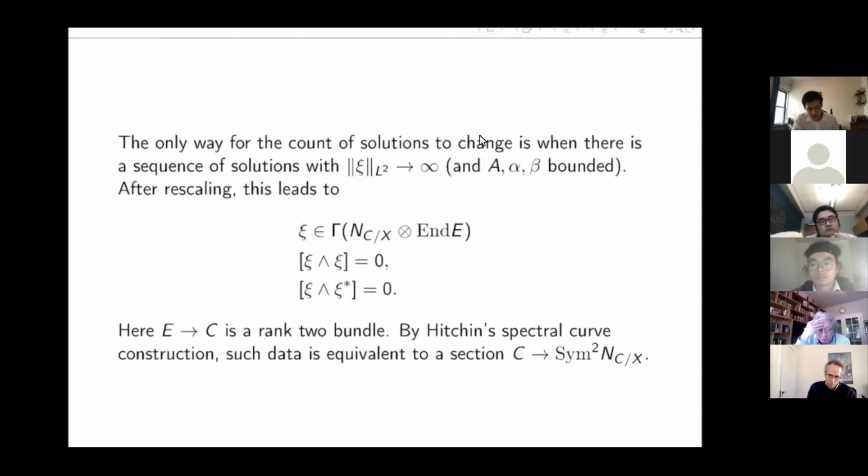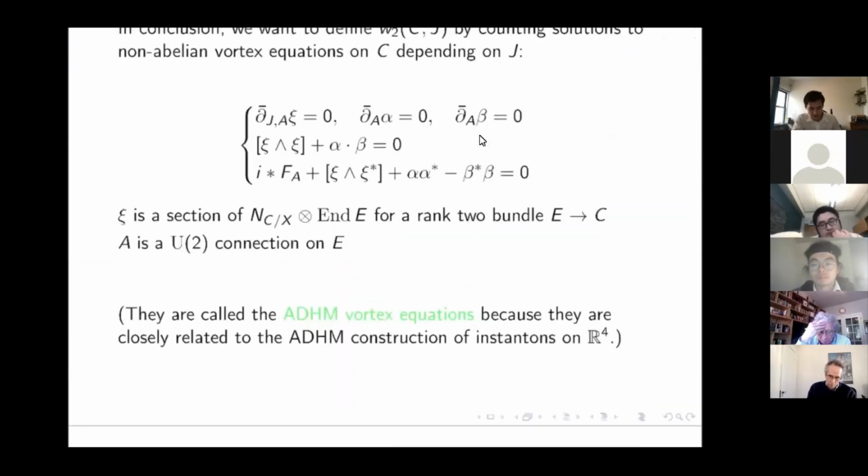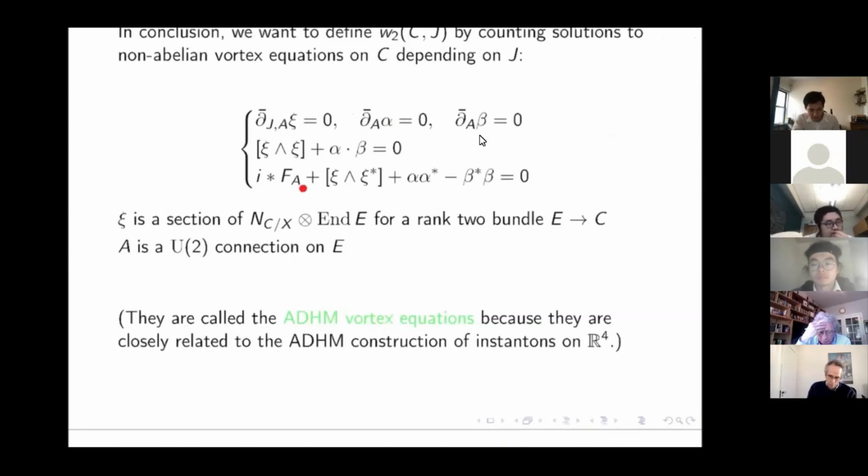Suppose the other variables stay bounded. This equation is an equation for A, alpha, beta, and Xi, and suppose alpha, beta, and A stay bounded, and we can pass to limits. But the only bad thing that happens is that Xi goes to infinity.